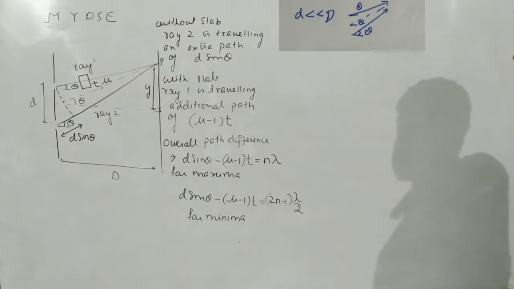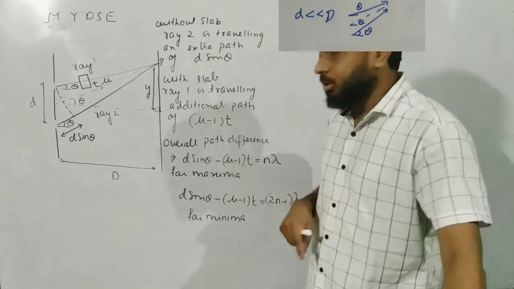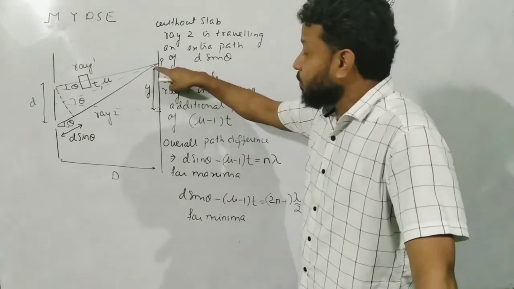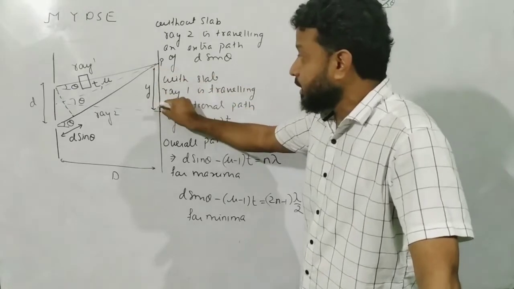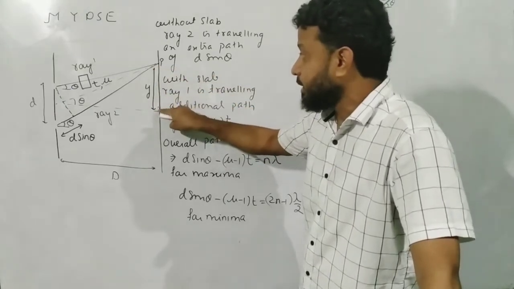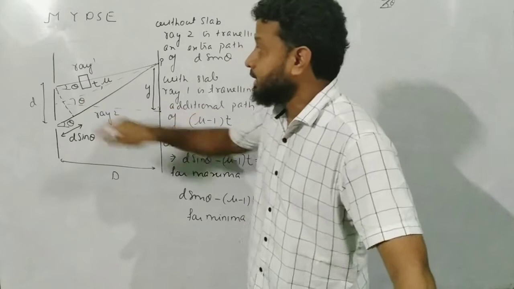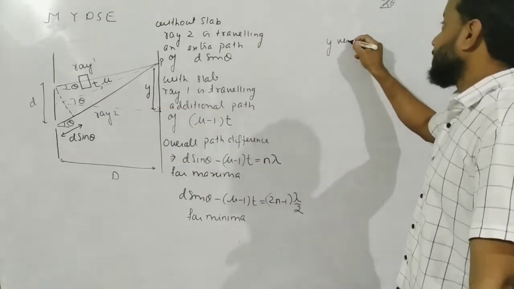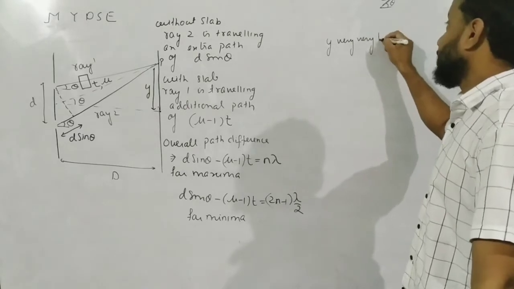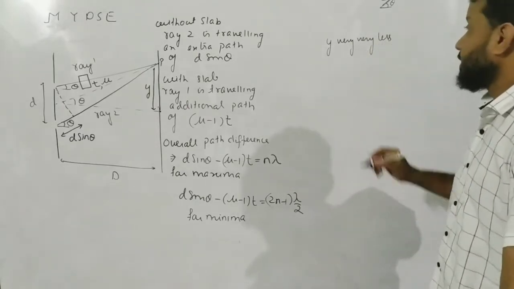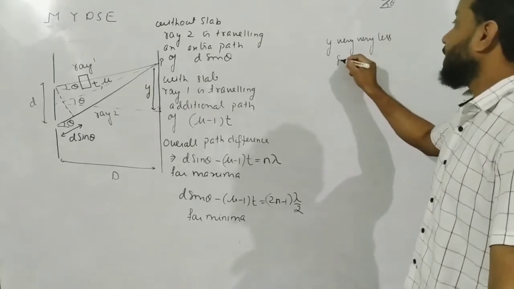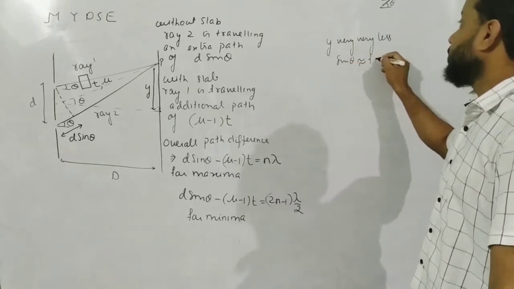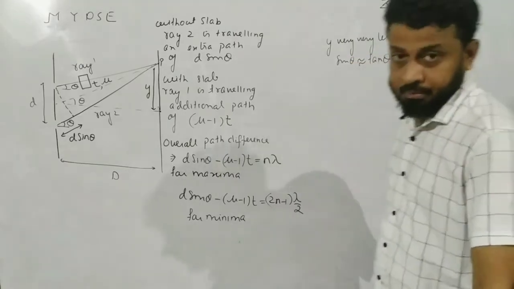Keep that in mind. Then I said another approximation: what if your y is very near to the central point? That means this theta is less than 10 degrees. So what if your y is very, very less? Under that approximation, we assume sine theta equals tan theta. Correct?